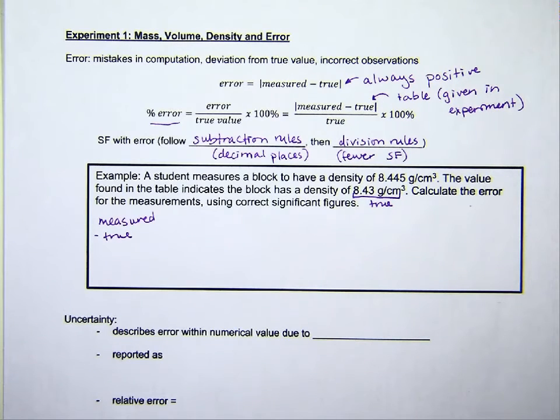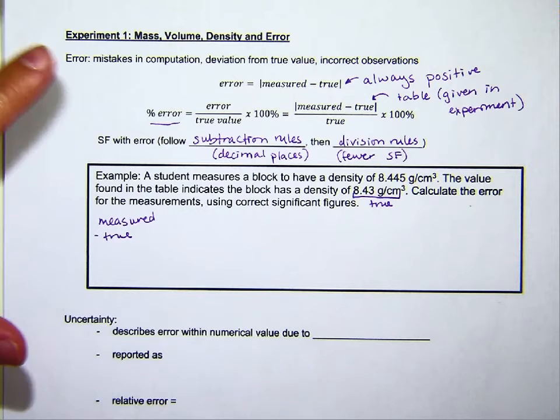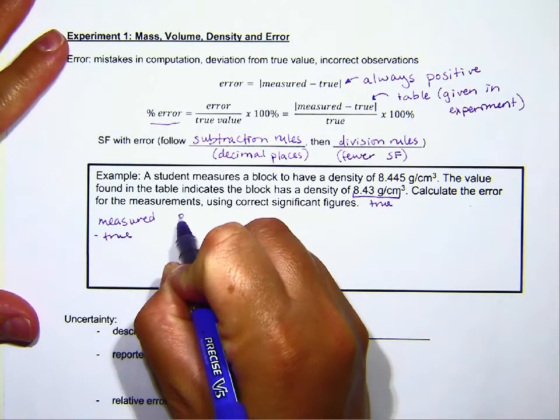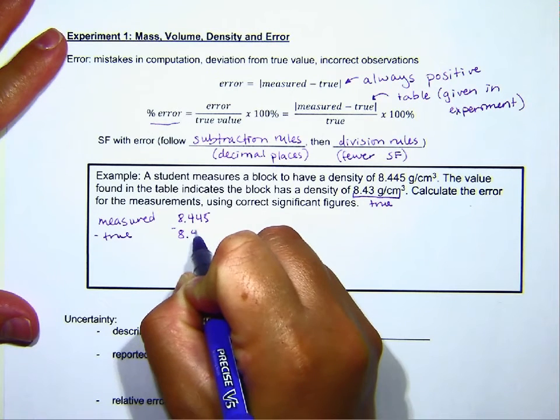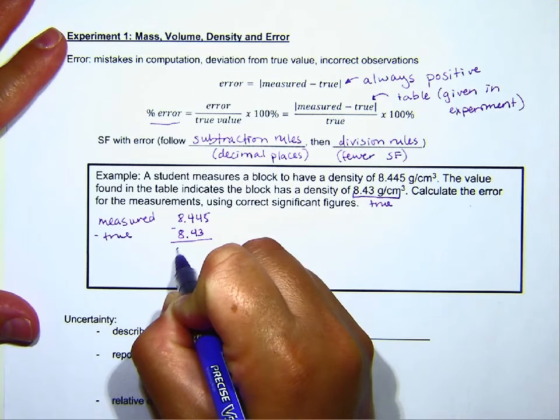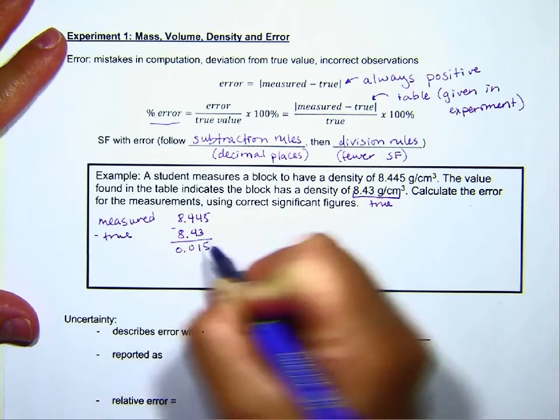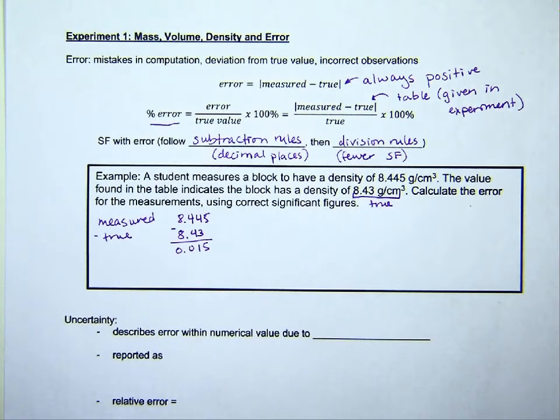And the reason that I write it this way is because I'll be able to line up my decimal places and have a better understanding for how many significant figures I should actually report for this calculation. So I'm going to take 8.445 and subtract 8.43. When I do this subtraction, I will get 0.015 as the difference.